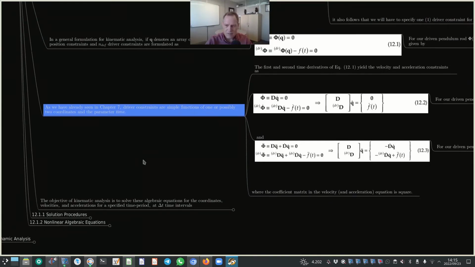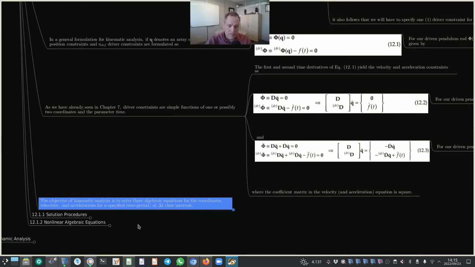We also showed that this is indeed the case for our driven pendulum. Now the objective of kinematic analysis is to solve these algebraic equations, 12.1, 12.2 and 12.3, for the coordinates, velocities and accelerations for a specified time period at delta t time intervals.